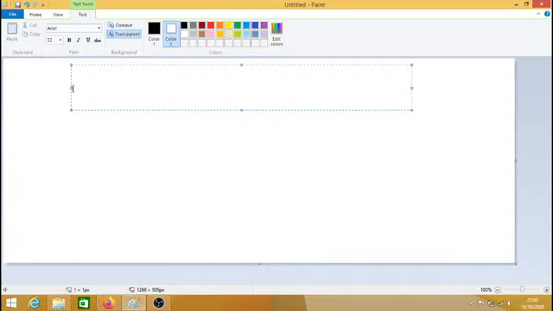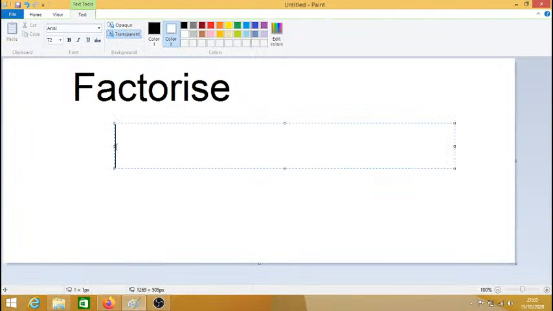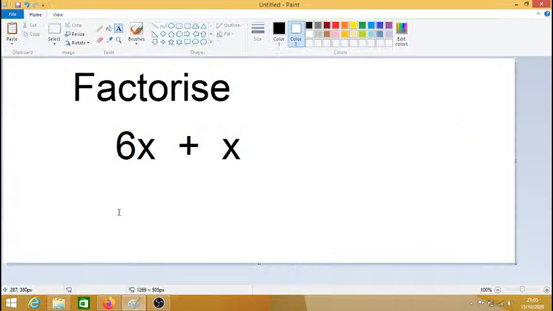Let's have a look. We will just do a quick recap from yesterday. If I have to factorize the following, let's say I've got 6x plus x squared, nice and easy to start with.